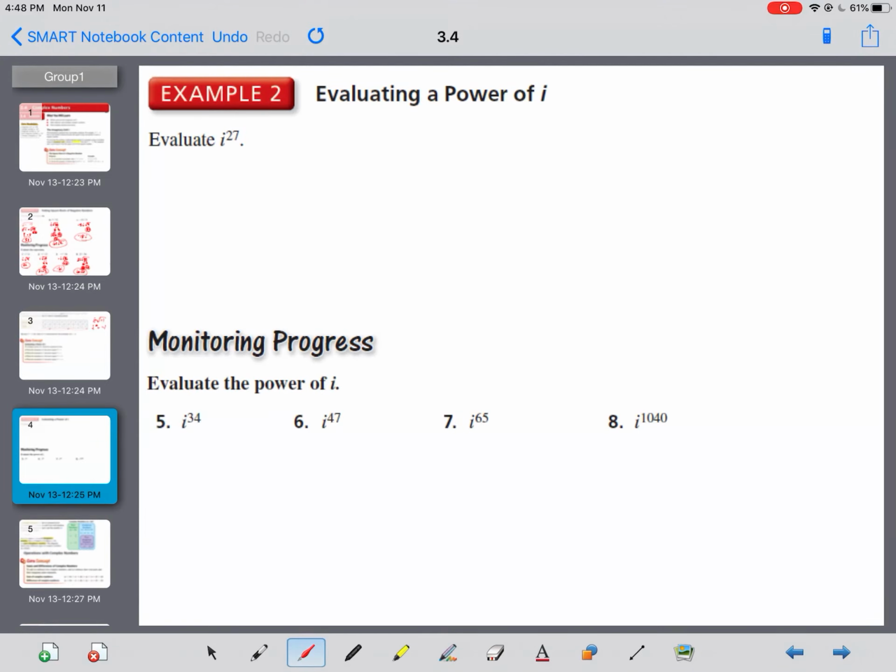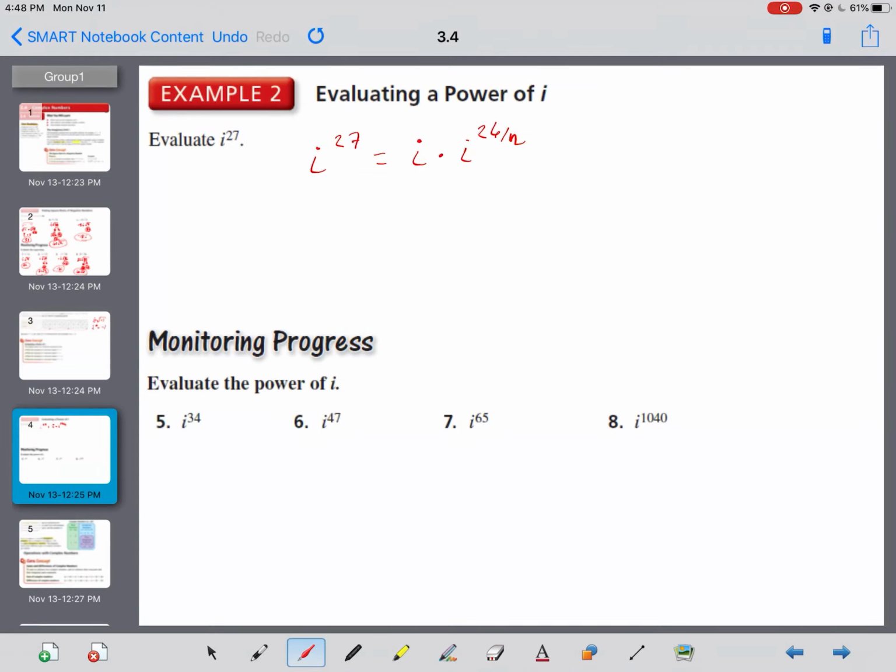So let's look at some examples. Evaluate i to the 27th. Here's how I work this. 27 is not an even number, so I'm immediately going to pull an i off of there and make it i to the 26th. Then I'm going to divide it by 2. I'm going to see how many i squareds there are.